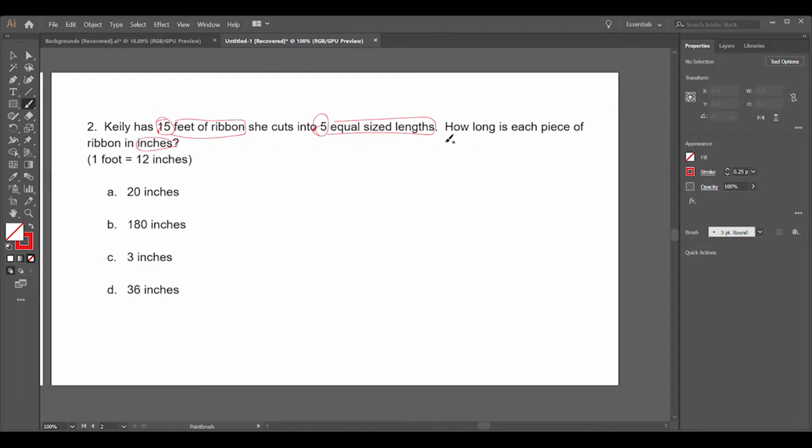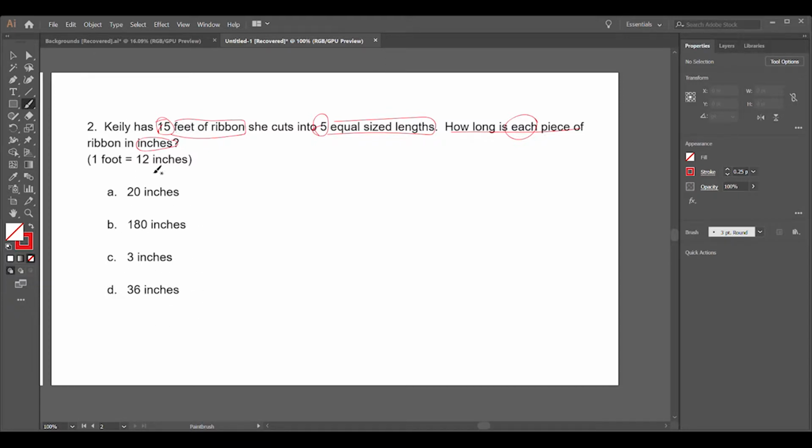So how long is each piece? That means just one of the pieces, not all of them. I see here they give me the ribbon in feet. My answer is going to have to be in inches, so one of my steps is going to be converting at some point.